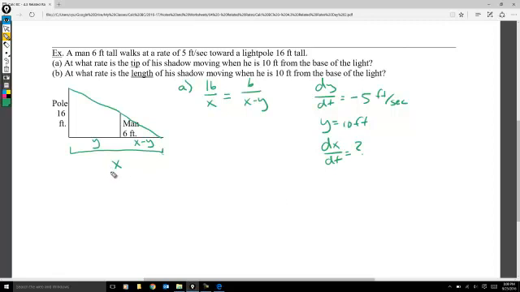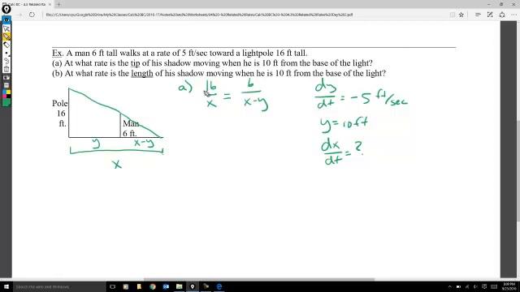Okay, just a quick review. The distance between the pole and the man is y, and at this split second in time, that is 10 feet. I know that this distance is changing at a rate of negative 5 feet per second. It's decreasing, and I'm trying to find how this total distance here is changing, how the tip of his shadow is moving.